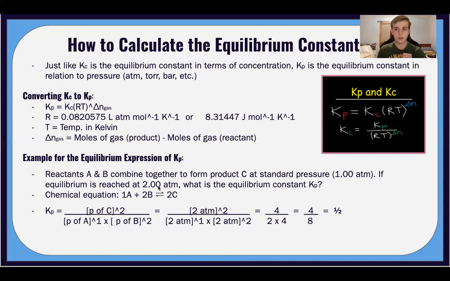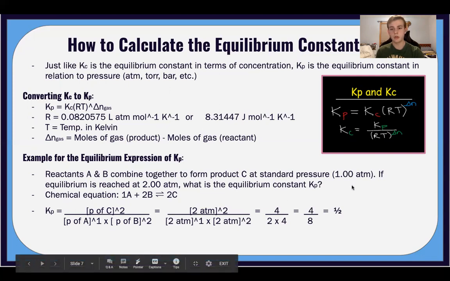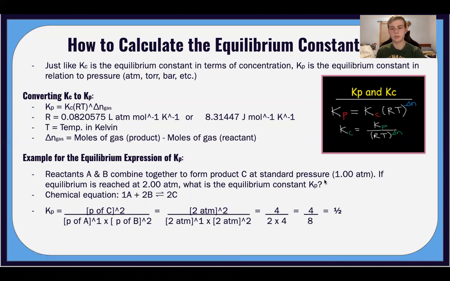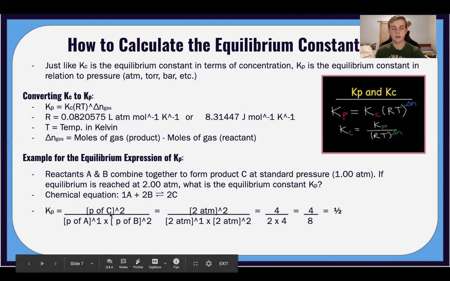We only consider the pressures when they have reached equilibrium, so the 1.0 ATM pressure does not matter here. We only consider the 2.0 since that is the equilibrium one. So we sub that in for each of our reactants and products, and we end up getting 4/8, or 1/2, meaning that the reactants were actually favored in this one since Kp is less than 1.